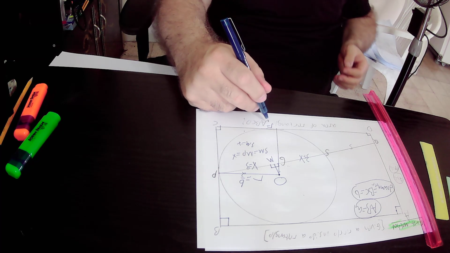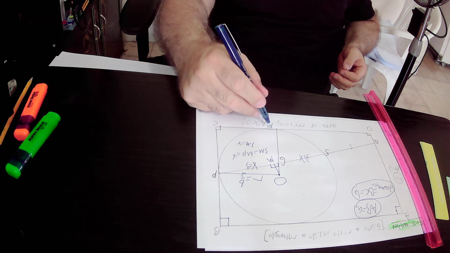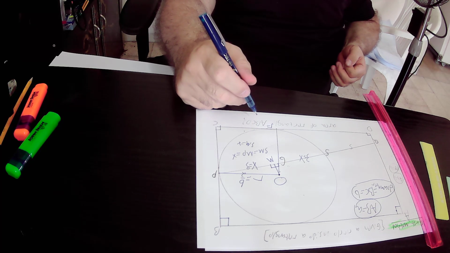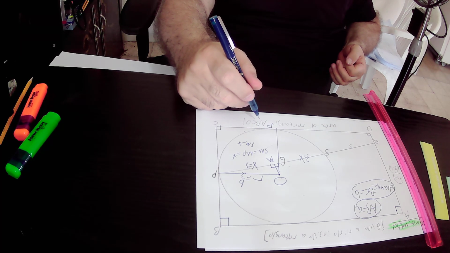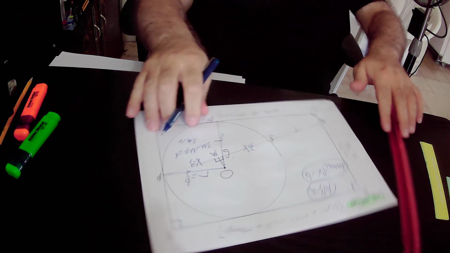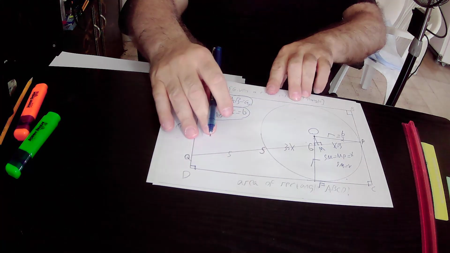Point O is the center of the circle. Point F is a point on the circle itself. Therefore, OF is the radius of the circle, that is equal to R.